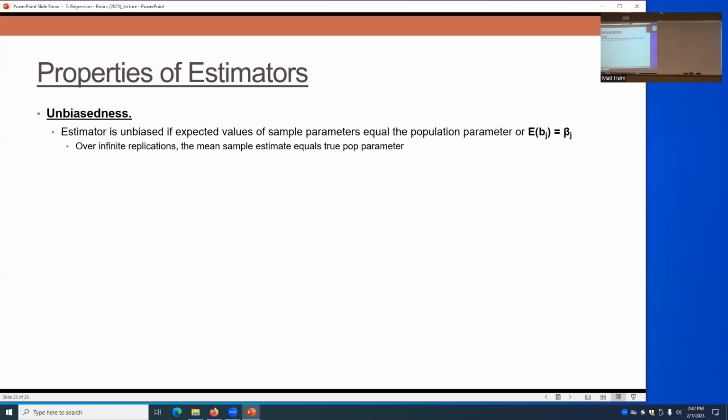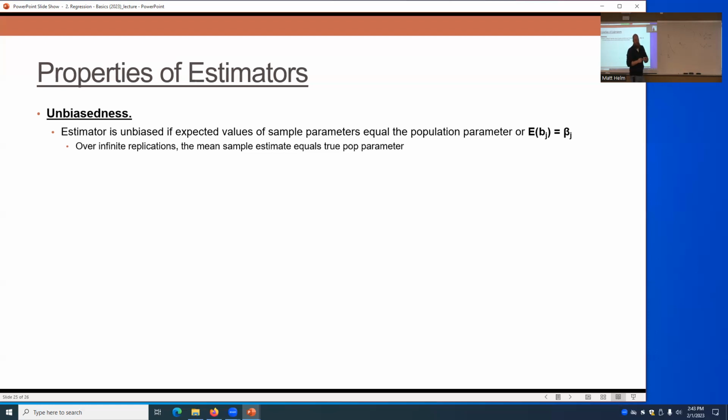parameter, okay? So if I have some estimator that I'm using to run this regression model, and I say it's unbiased, it says if I were to pull all possible samples of size whatever from the population and run an infinite number of replications of this, and I were to plot out the regression coefficients that I got across each one of those replications, the mean of those would be equal to my population value, okay?